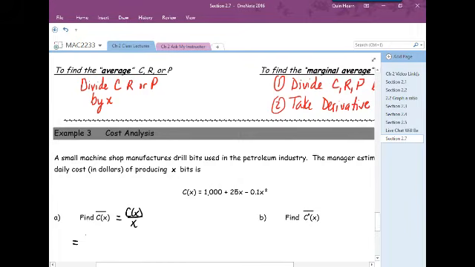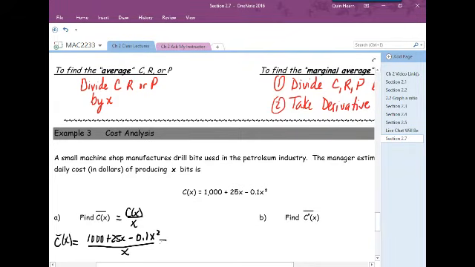In this case, C bar of x is going to be 1,000 plus 25x minus 0.1x squared, all divided by x. Now that's not a nice form to take the derivative in. In fact, we don't have a rule that tells us how to take the derivative of a quotient, a division problem.